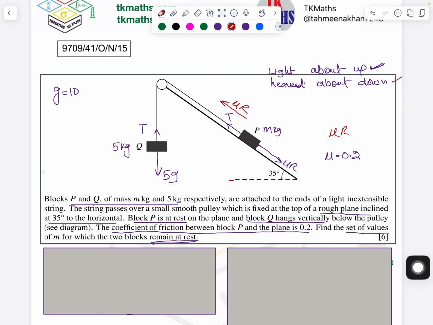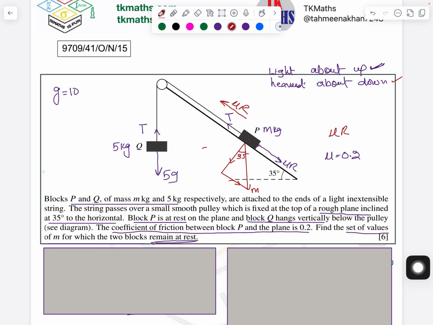In both cases, we have to keep the resolved forces of the weight. How to resolve forces we have seen in the previous videos, so I'm resolving it here. The link of all the videos in the playlist is given below in the description, so if you want to see that, you can click the link. Weight is mg.